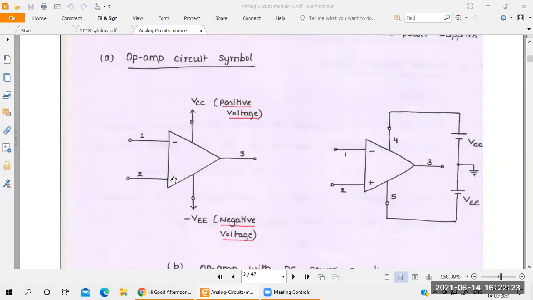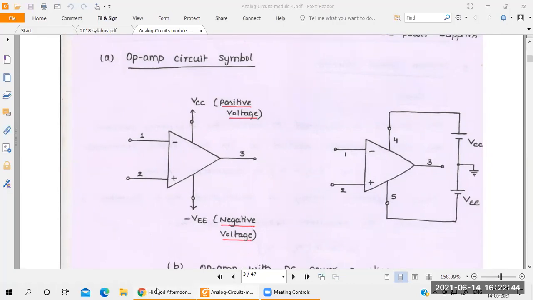Come for this diagram here. See here, for the op-amp, they are given plus VCC and minus VE. So plus VCC, because inside the op-amp they are connected to BJT transistor.